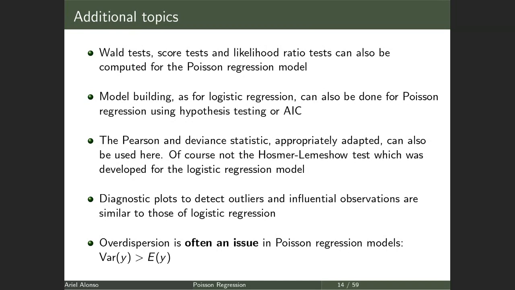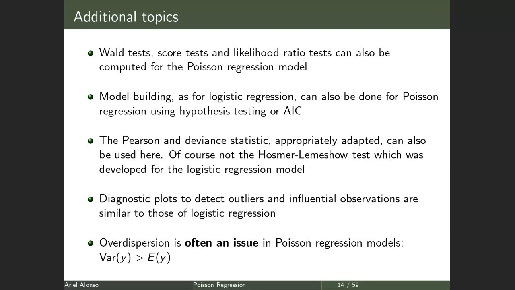What about model building? Well, as for logistic regression, in Poisson regression there is nothing new. If you want to compare two models and these models are nested, you can use, for instance, the likelihood ratio test, the Wald test, or the score test. If you want to compare models that are not nested, you can use, for instance, the Akaike information criterion.